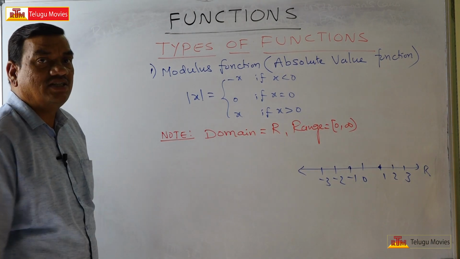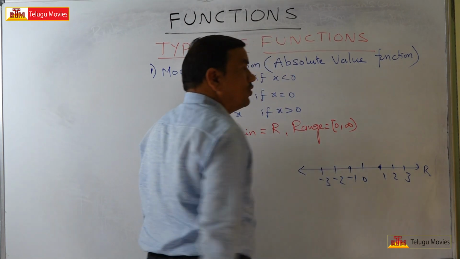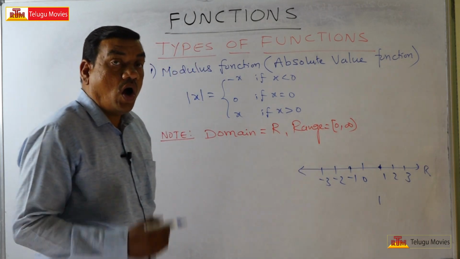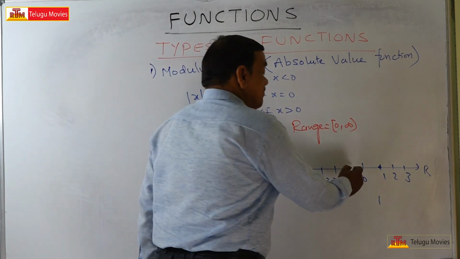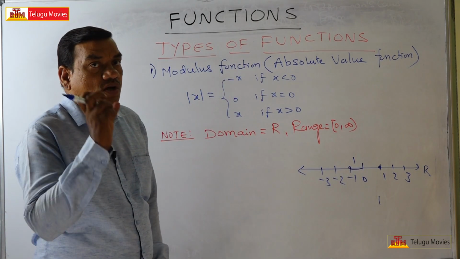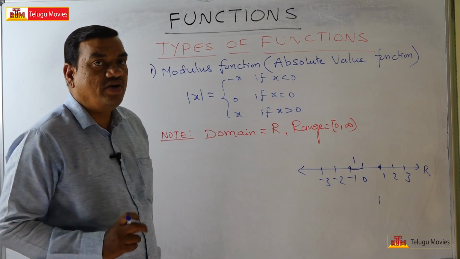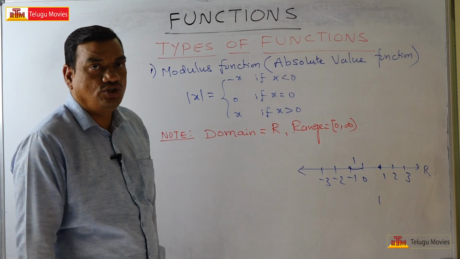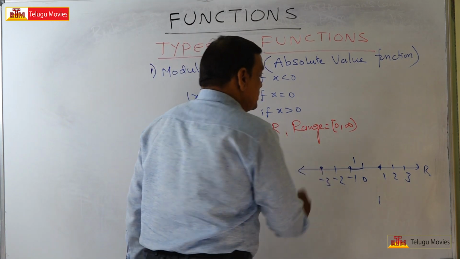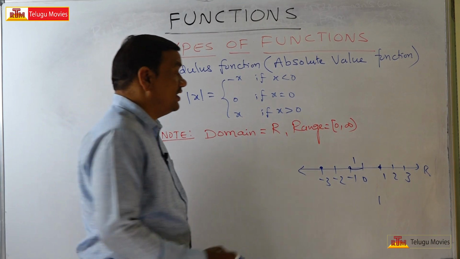Now if you see the distance, how much distance is 1 from 0? We call it 1. How much distance is -1 from 0? This is also 1. Here we are talking about distance, so it is always either 0 or a positive quantity. How much distance is there from 0 to -3?